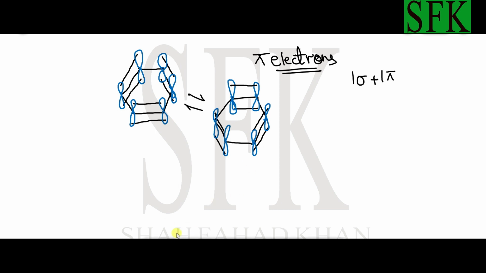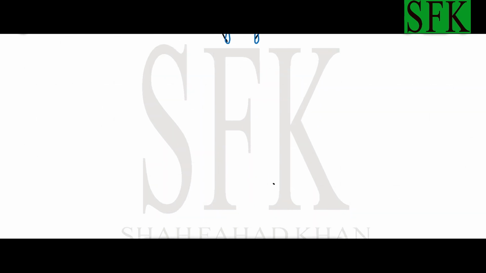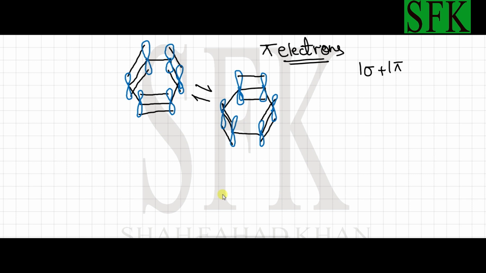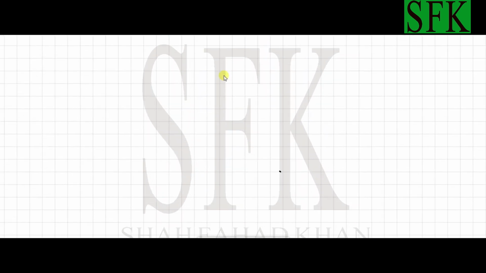Okay, so basically what happened was that Kekule suggested a ring structure of benzene with alternating carbon-carbon double bonds and carbon-carbon single bonds. This structure, as we can see over here, is unsaturated because of the presence of double bonds, the pi electrons.